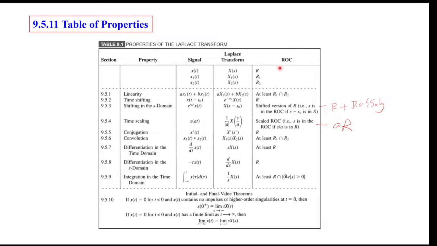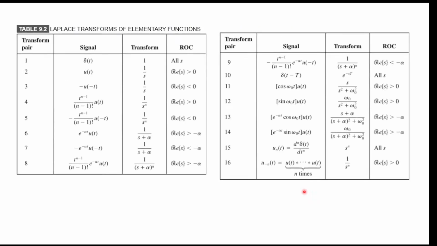Here is a table talking about the properties that we already calculated. And also another table for Laplace transform pairs. Here we have something we did talk about, and the thing that's very useful but we didn't derive is this.